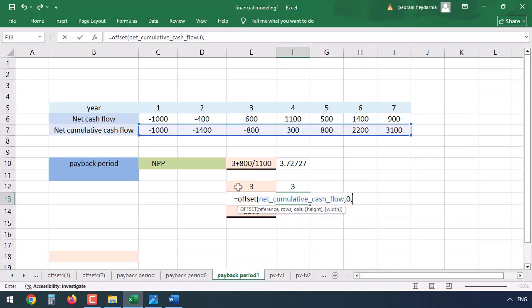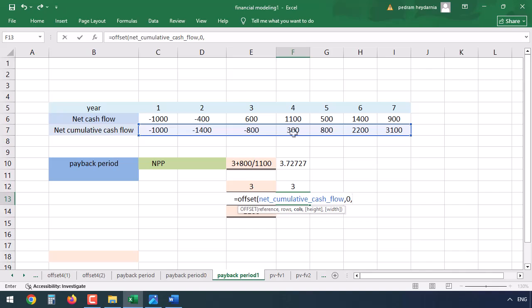Okay, don't shift rows. How many columns should I shift? If I give it this number 3, it will go to 300 and recognize this cell as the beginning of the range, whereas the number 800 is the beginning of my range.